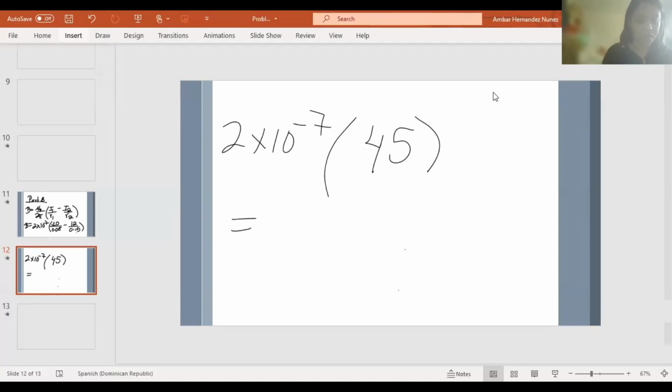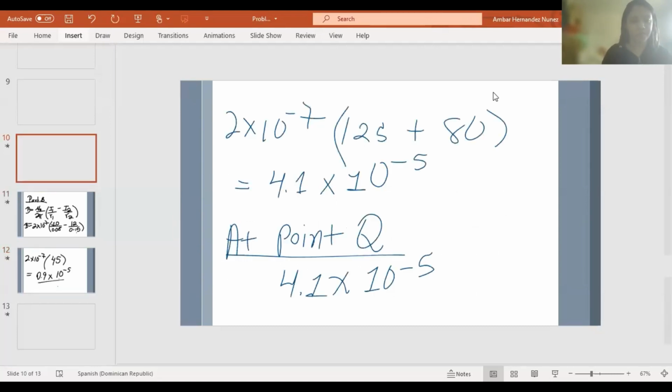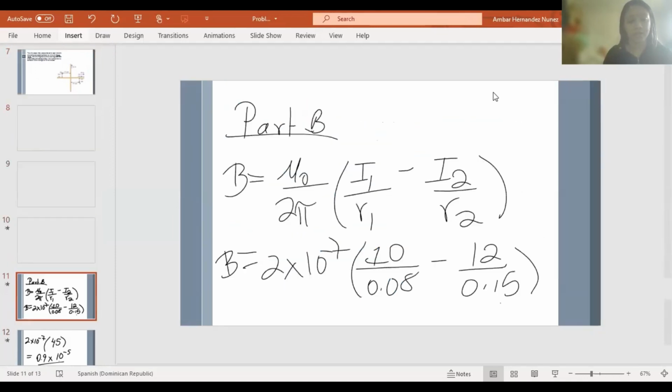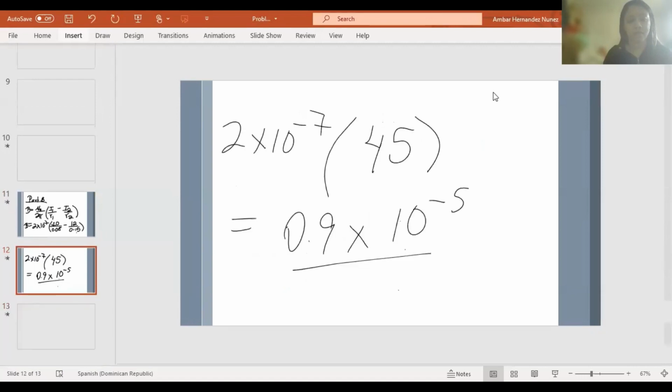And this will equal 0.9 times 10 to the negative 5. And that will be our magnitude of the net magnetic field the wires produce when the current is going to the left at points P and Q.